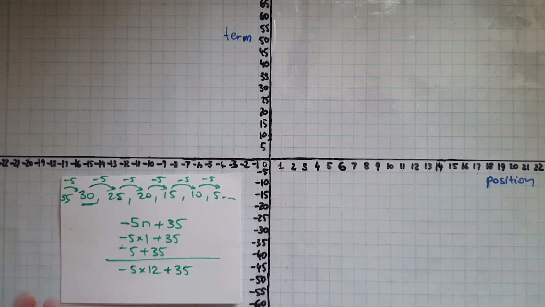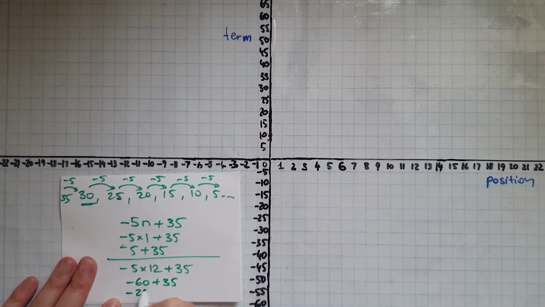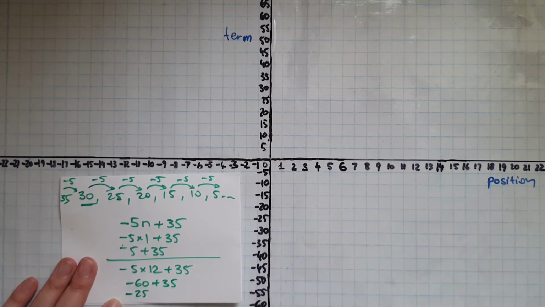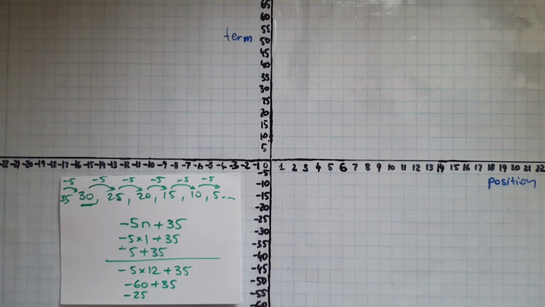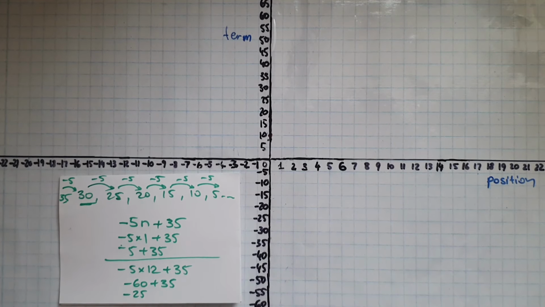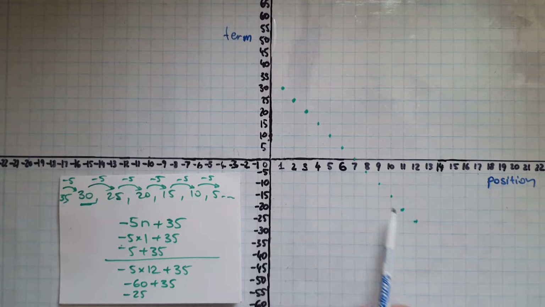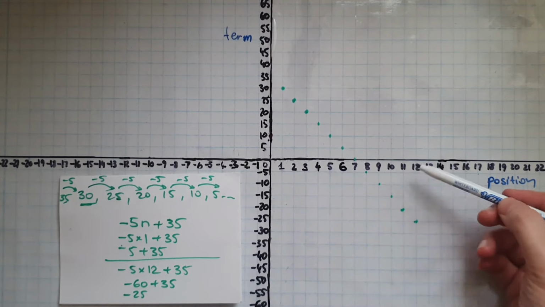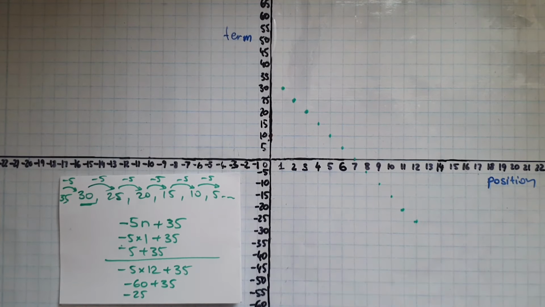Negative 5 times 12 is negative 60. Add 35 to that gives us negative 25. So we've easily found the 12th term without having to write each and every one of these terms. And that's the point of an nth term. I've just plotted the points here now. And as you can see, the 12th term is negative 25.